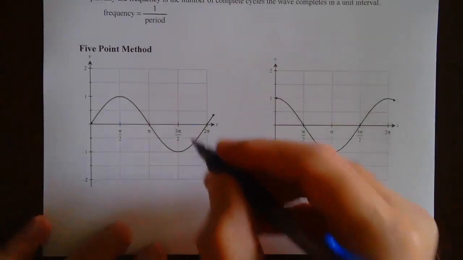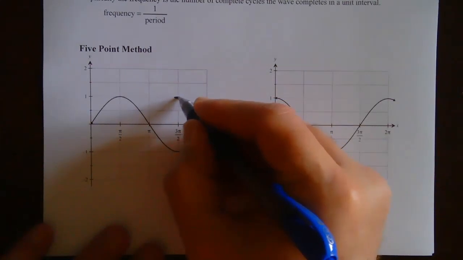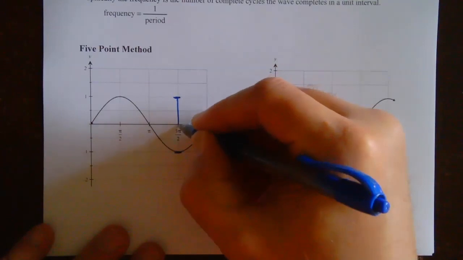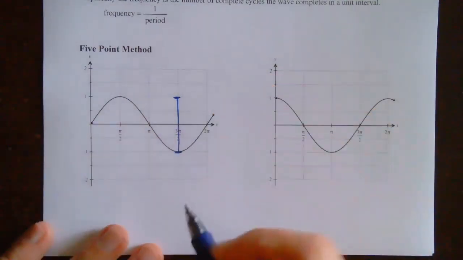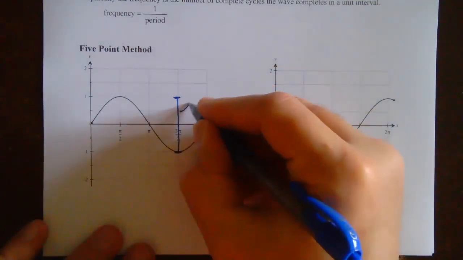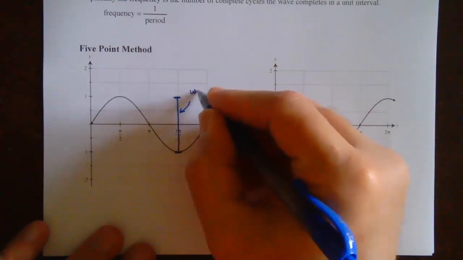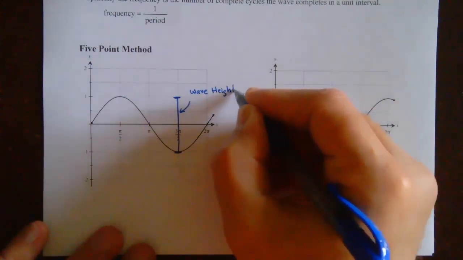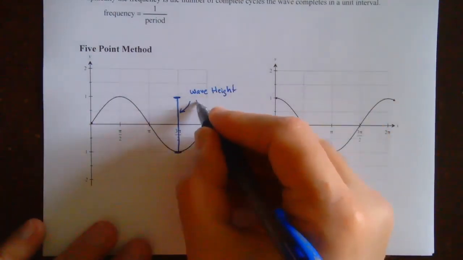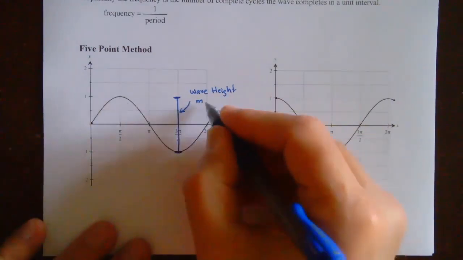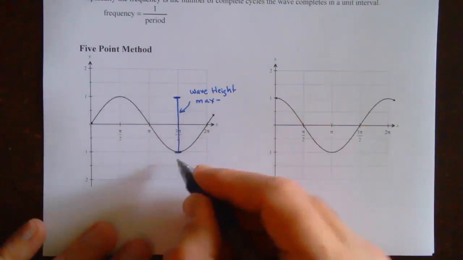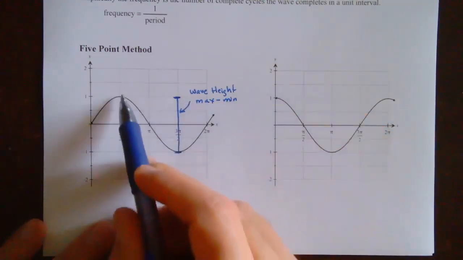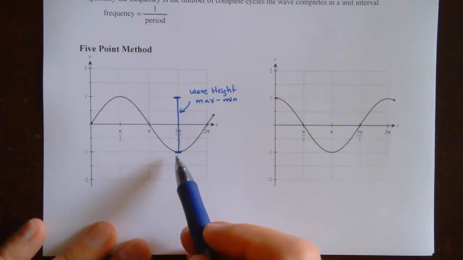Okay, so right here, this distance from here to here, I'm going to draw this in. That distance right there is the wave height. We can find it by taking the maximum value, like in this case 1, and subtracting the minimum value. So this has a length of 2 because 1 minus -1 would be 1 plus 1, which is 2.